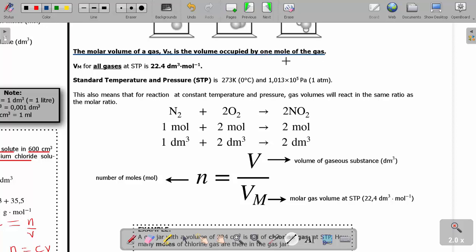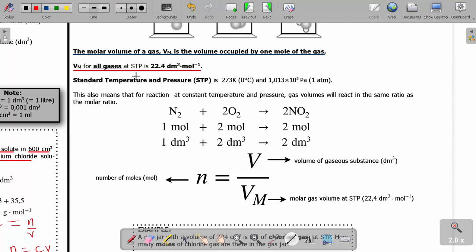Now, the Vm for all gases, whether it be oxygen, nitrogen, hydrogen, any gas, as long as it is at STP, is 22.4 decimeters cubed per mole. We are going to see this so much in our calculations shortly to come. You can keep it in your head, or you can always refer to the formula sheet, the data sheet, which contains 22.4 decimeters cubed per mole.